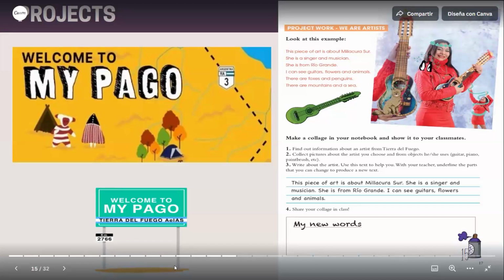This means students need to do some research first, need to go about the community, need to learn about any artist from Tierra del Fuego they are interested in. They should collect pictures from the artist, and after that, they write this description about him or her, right? But there are many areas that come together in order to build up this project.